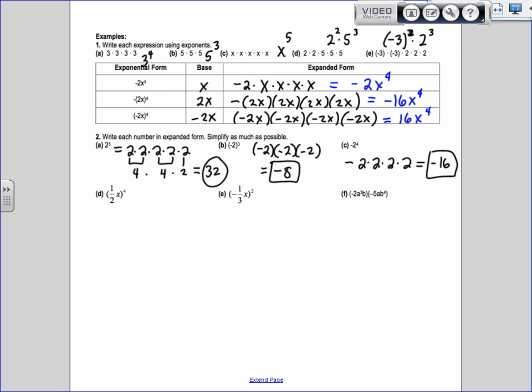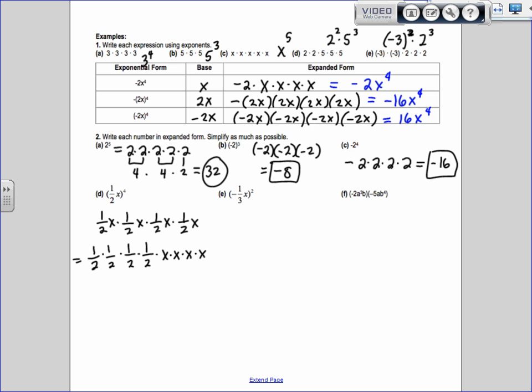All right, same idea on the next one. It's 1/2 x times itself 4 times. So what you're doing in your head is, like, multiplication is commutative. You can move things around. So what I'm thinking in my head is I'm thinking, well, that's just 1/2 times itself 4 times. And then it's x times itself 4 times. And then I'm finding 1/2 times itself 4 times in my head.